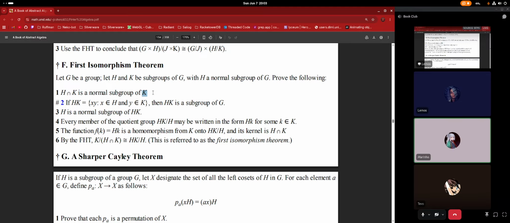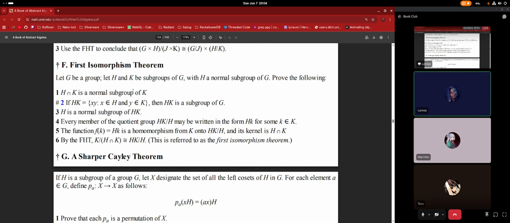Whatever is in the intersection will belong to both sets. Well, I guess you could also say that H intersection K is a normal subgroup of H as well as G. Like, this is a normal subgroup of everybody.